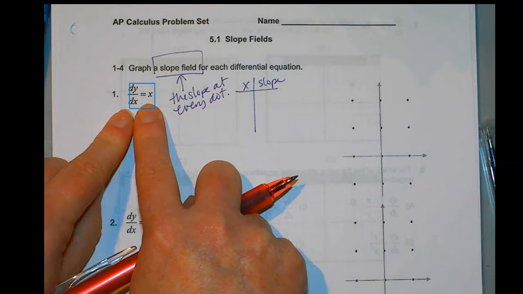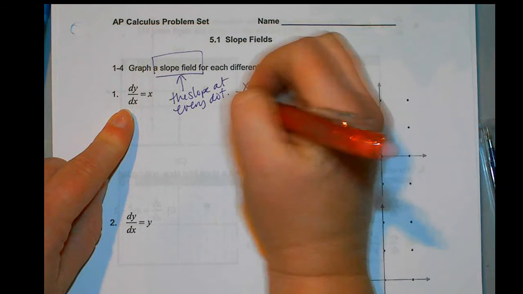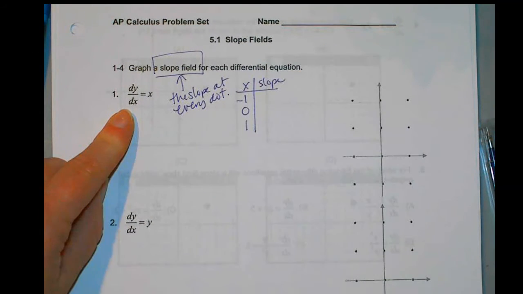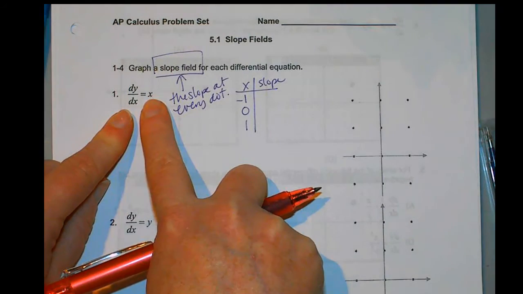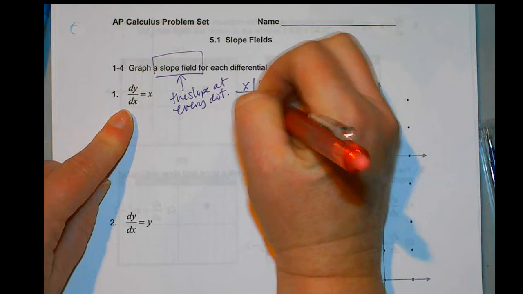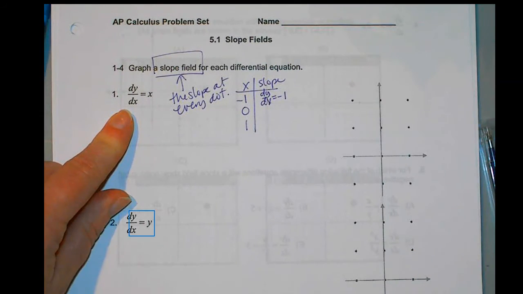If I'm looking at x, I have 3 different x's here. I have -1, 0, and 1. Does it matter what my y is? No. So at -1, if I plug in -1, I get out dy/dx equals -1, which is the slope. So what does a slope of -1 look like?